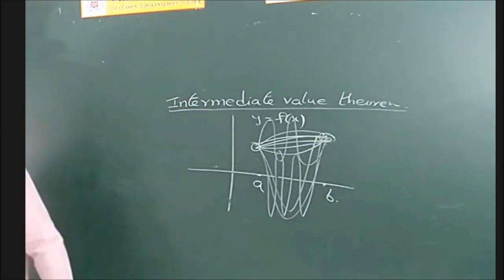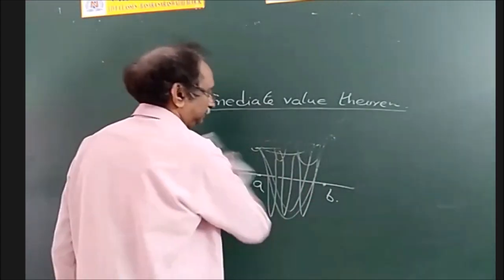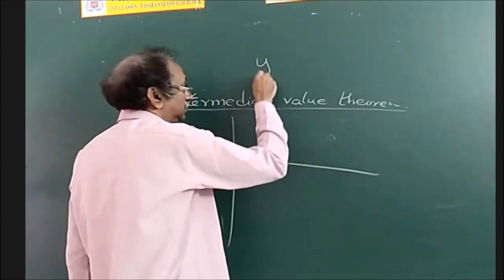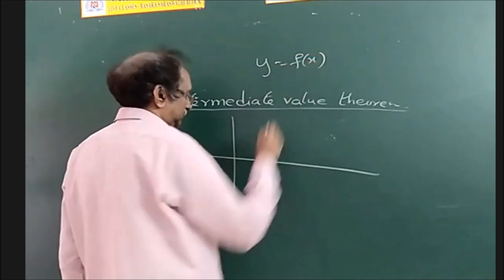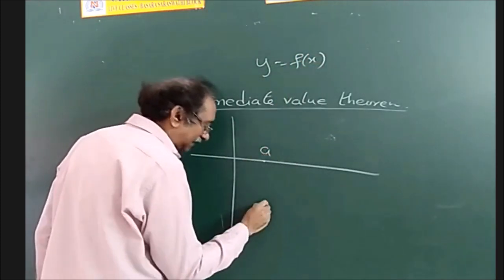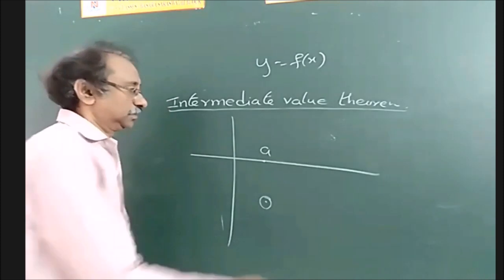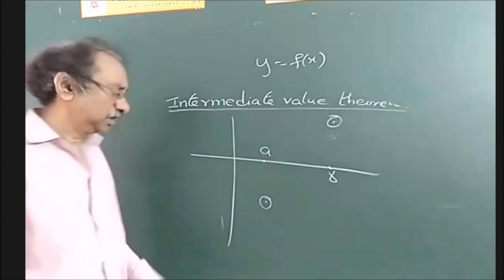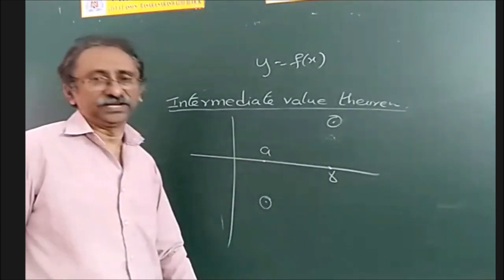But if, for the function y is equal to f of x, suppose A has a negative image and B has a positive image, or A has a positive image and B a negative image.